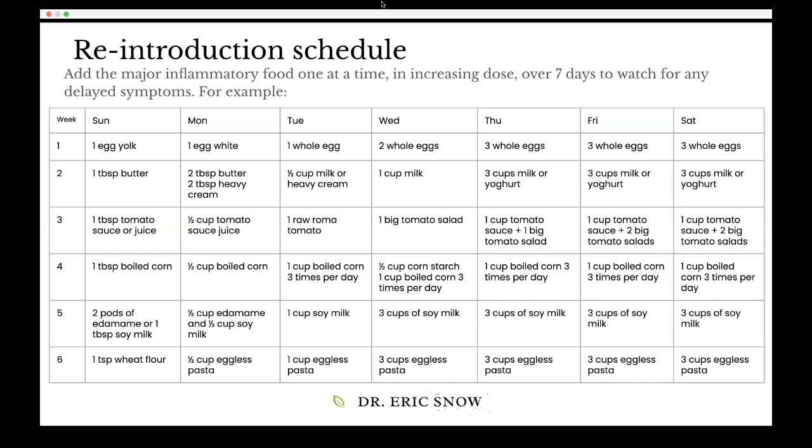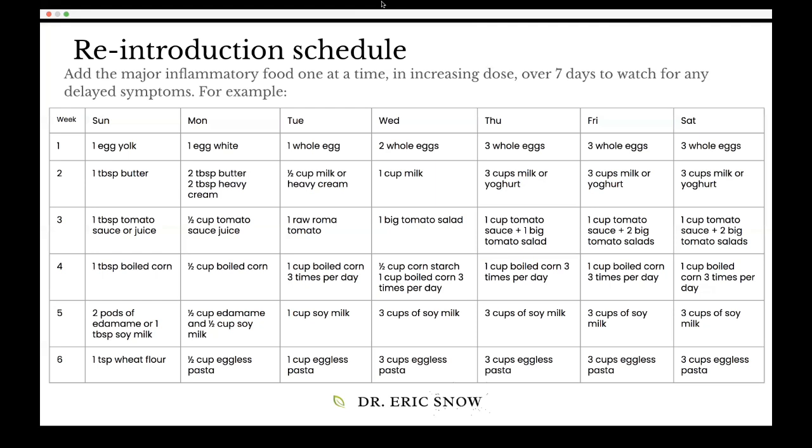If you were going to introduce grains but not wheat, you could start with a rice flour, and you would use the same amount. So like the 1 teaspoon of wheat flour, if you're going to reintroduce rice at this point, instead of, say, gluten-free grains, you could do 1 teaspoon of rice flour.